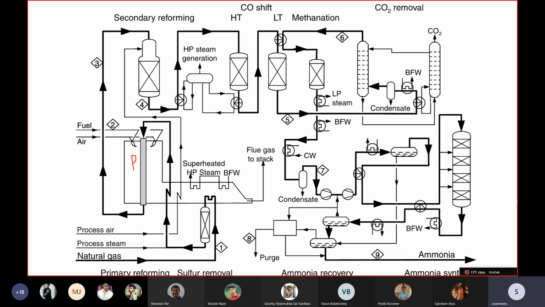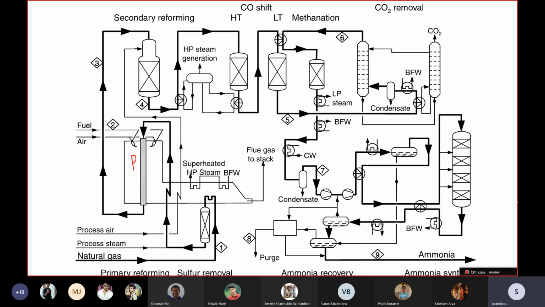So this way, the ammonia synthesis is small, but getting the N2H2 feed is also a big process. That's why, as I said, refineries often contain ammonia plants, because a major portion of the nitrogen and hydrogen is coming from refineries.